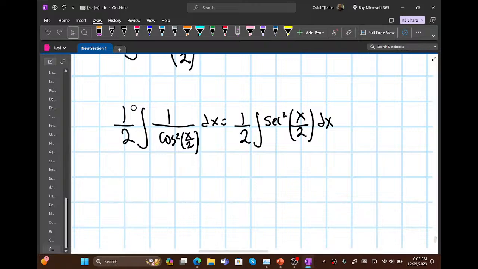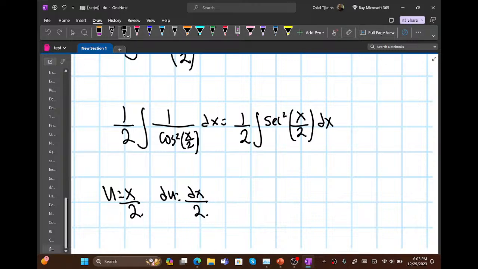And then finally, I believe it's u substitution. So u is equal to x over 2. du is dx over 2.